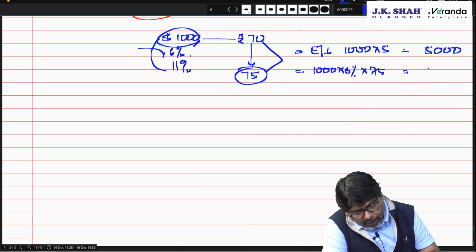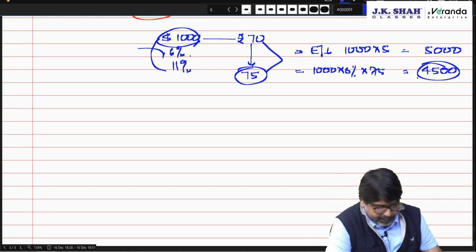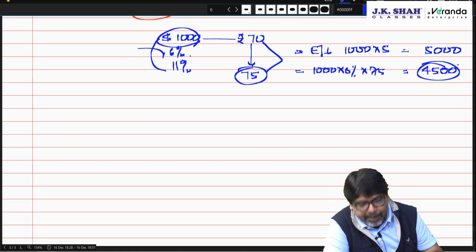If you would have borrowed from India, your interest cost abroad would be how much? 4,000. Fair enough. That means you want to capitalize 9,500.